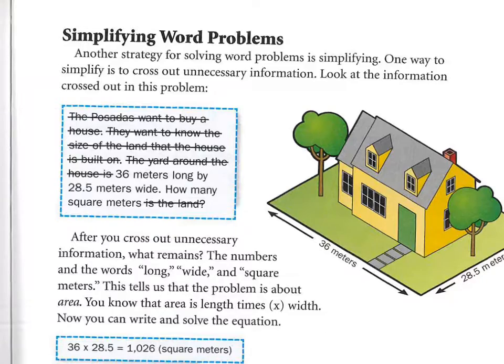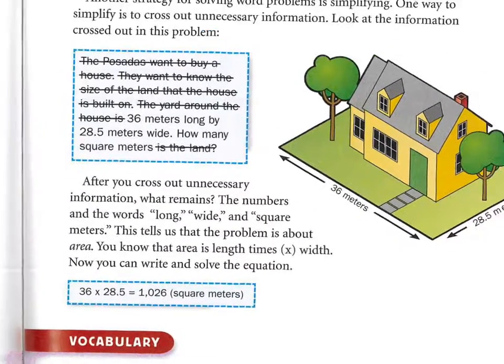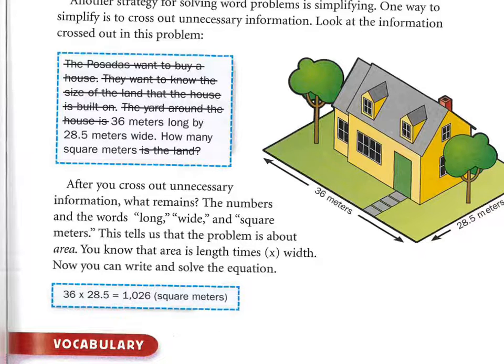After you cross out unnecessary information, what remains? The numbers and the words long, wide, and square meters. This tells us that the problem is about area. You know that area is length times width. Now you can write and solve the equation.